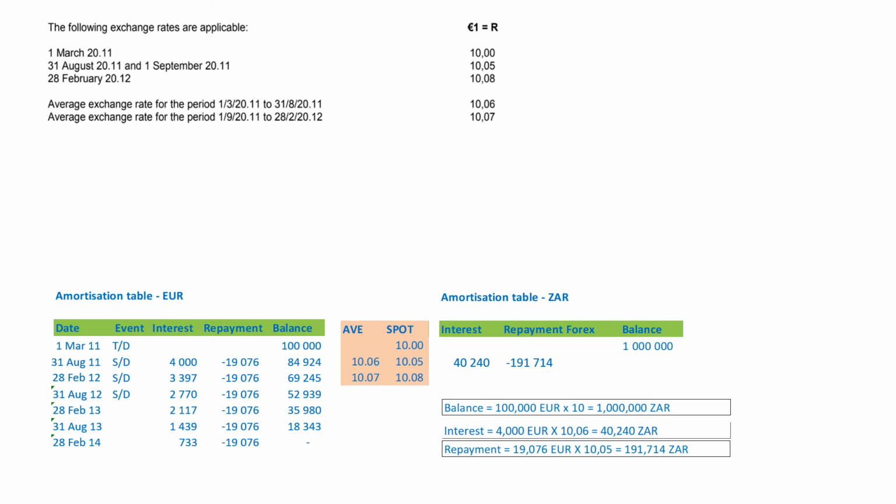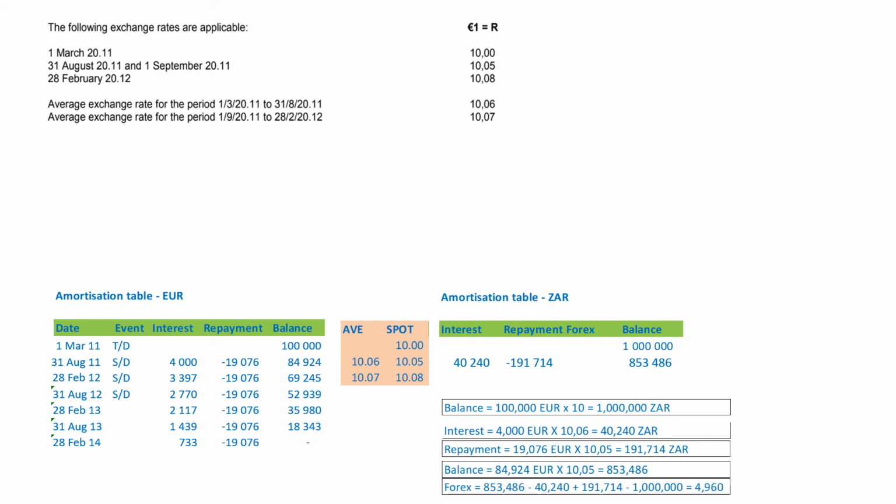Then the next trick is that you will not calculate your Forex first. You will first need to calculate your ZAR balance at 31 August 2011 before calculating your Forex. So your ZAR balance will be 84,924 multiplied by your spot on the day of 10.05 to give you 853,486.